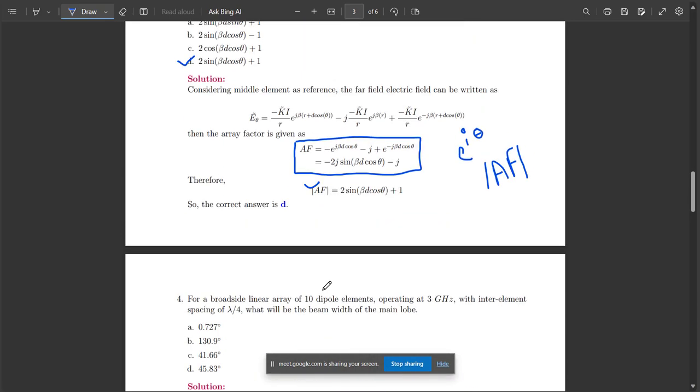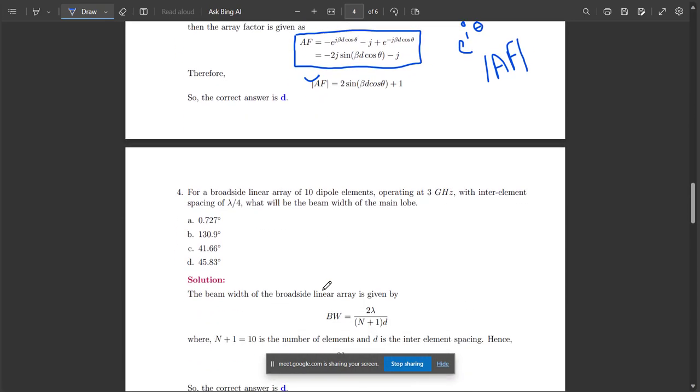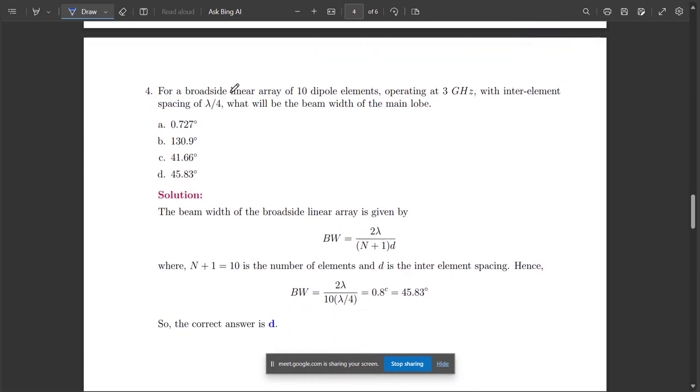Anyways, so let's go and complete question number 4. Here question number 4 says, for a broadside linear array of 10 dipole antennas operating at 3 gigahertz with inter-element spacing of lambda by 4, what will be the beam width of the main lobe?